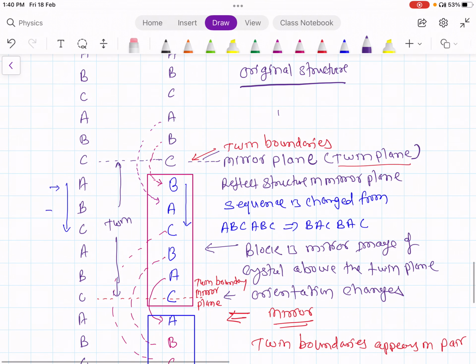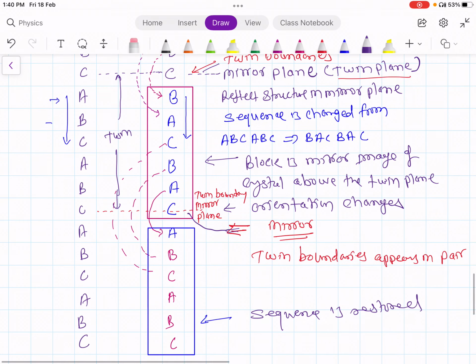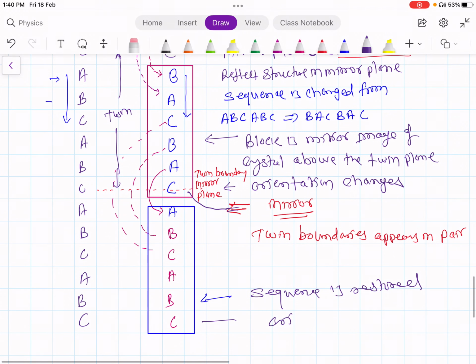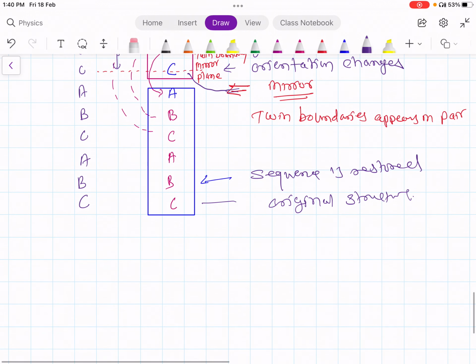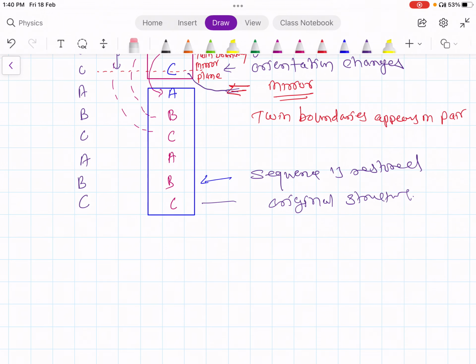So the first is the original structure, second is the mirror image, and again we get the original. Let me show this in two dimensions. I will draw the structure here. It takes time. Let's see.